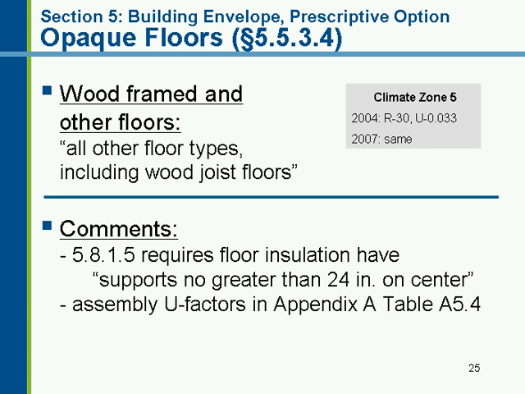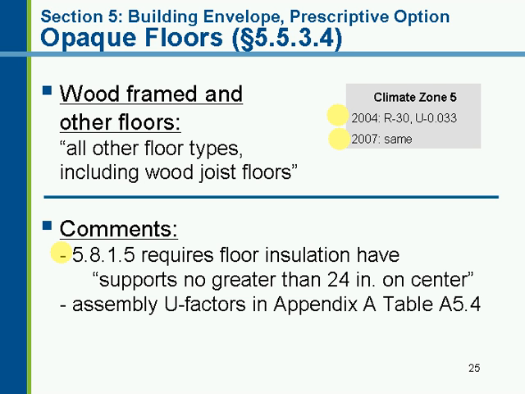The last type of floor is the wood joist floors, and again the catch-all category here for all other floor types over unconditioned space. The minimum insulation requirement for Climate Zone 5 in 2004 is R30, and that won't change in 2007. The mandatory provision here in Section 5.8.1.5 requires that the floor insulation have supports no greater than 24 inches on center.